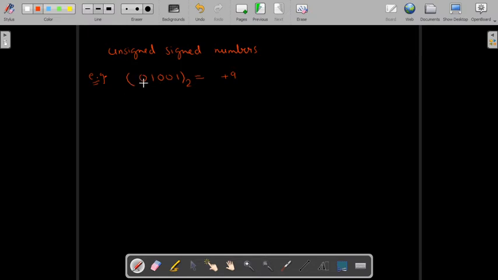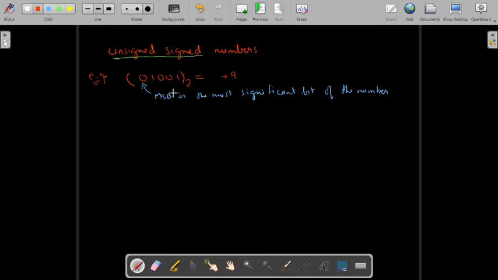Okay, and this MSB is the most significant bit of the number, and this always happens in case of unsigned numbers.